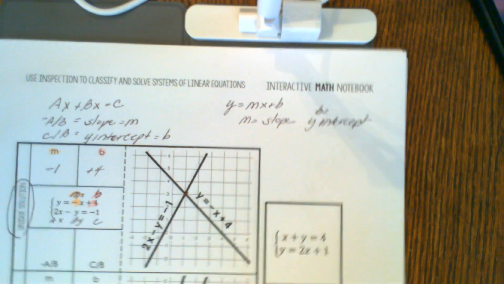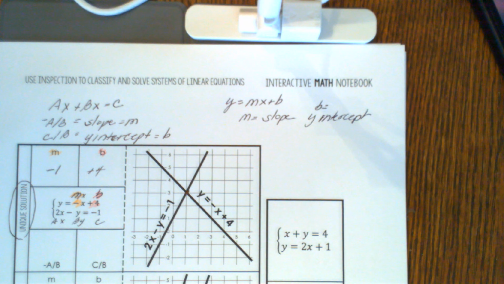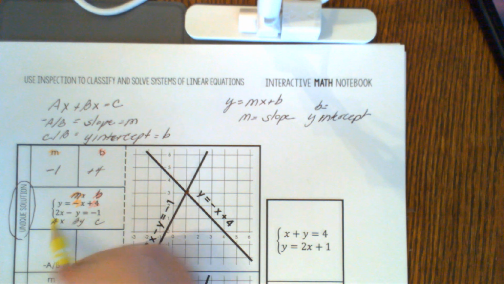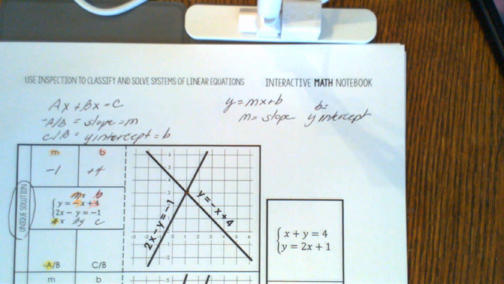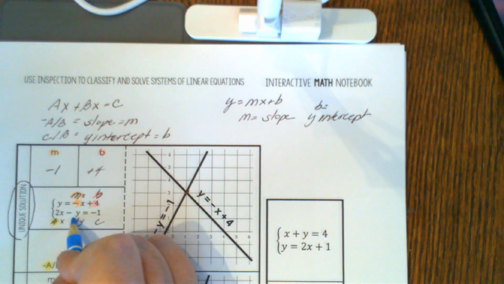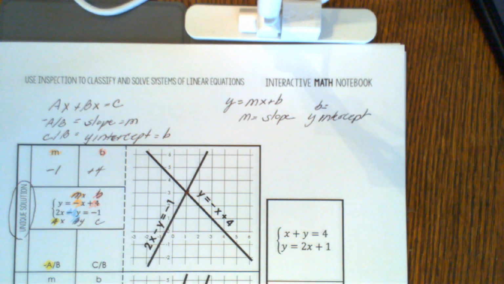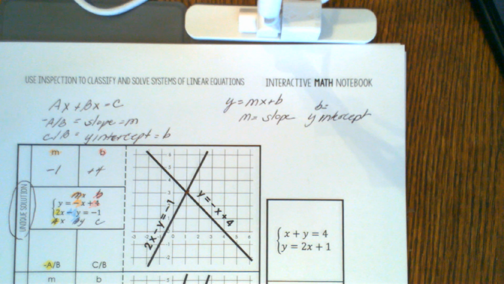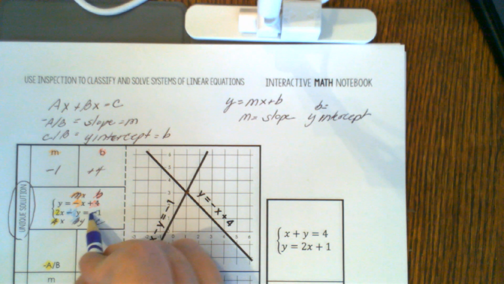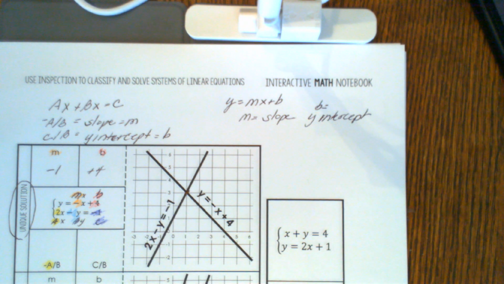Then we look at the next one, a, and I'm going to color code it first, okay? So this is b. Make sure that we know this is a, and c is this.